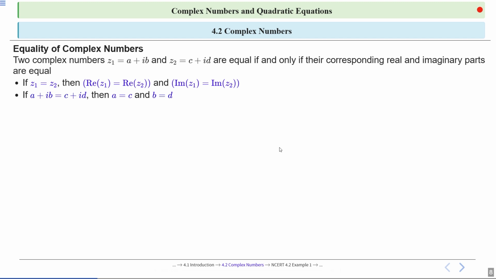Now let's write it out with variables. If a plus iota times b equals c plus iota times d, then a must equal c and b must equal d.